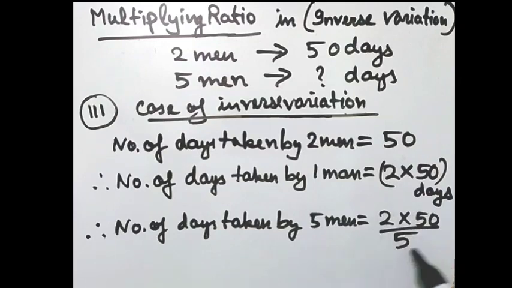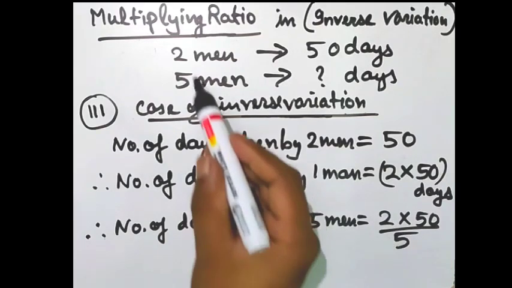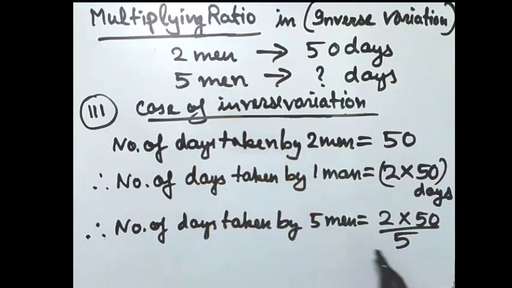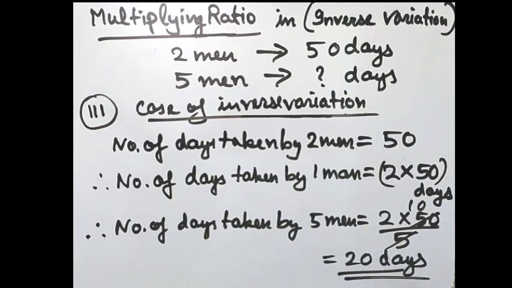Now if you observe, this is in the form of 2 by 5. 2 by 5 means what? That is the multiplying ratio that we had found, and we were multiplying it with 50, right? So here also we are getting the multiplying ratio. So we can cancel it out. So 5 tens are 50 and 2 tens are 20 days. I hope the three methods to find the value in inverse variation are also clear to you.